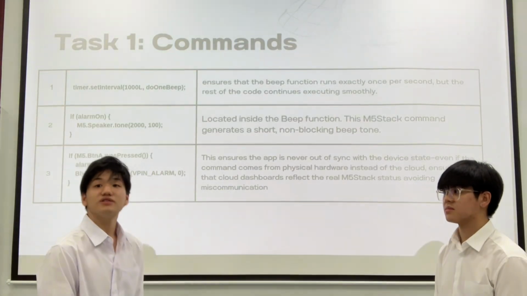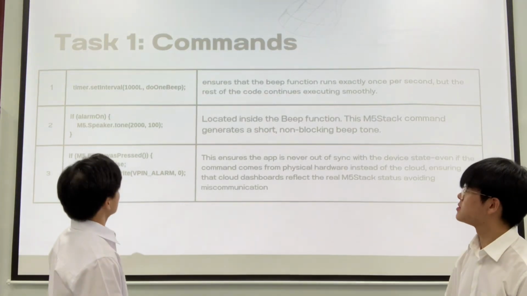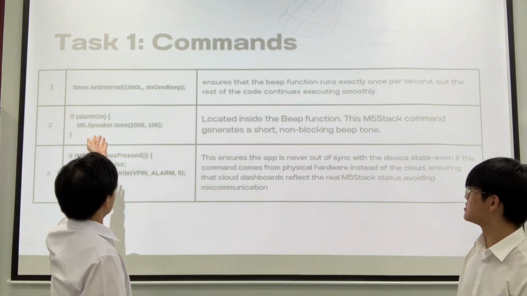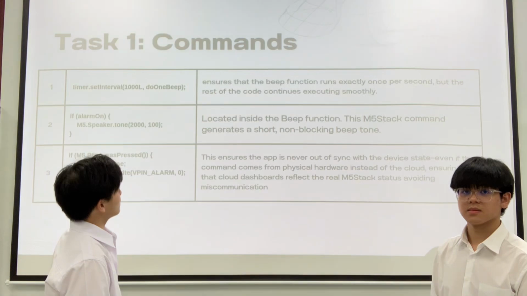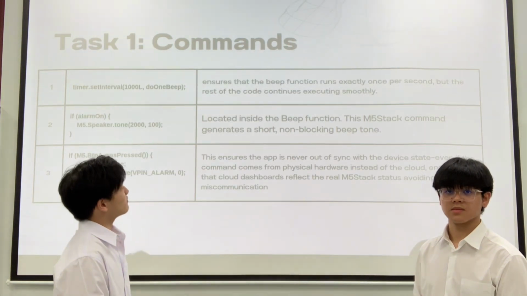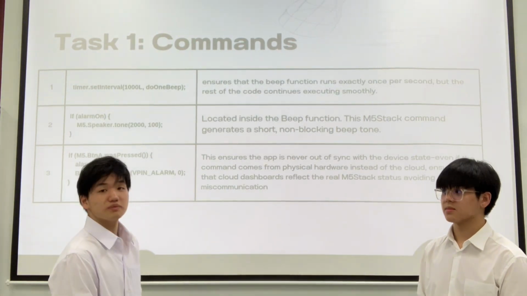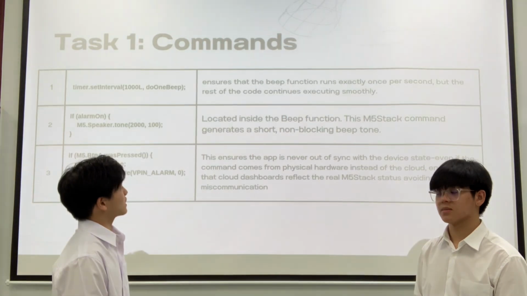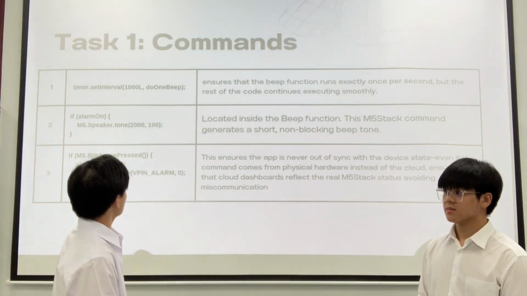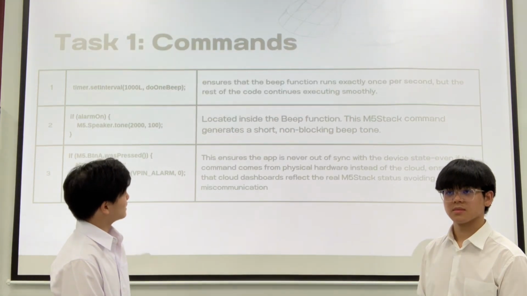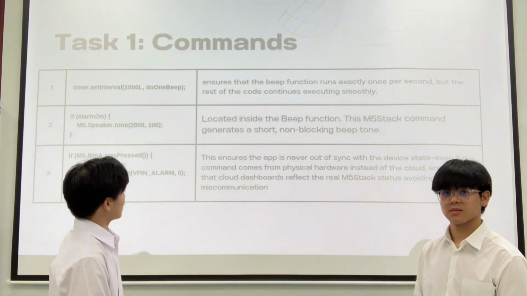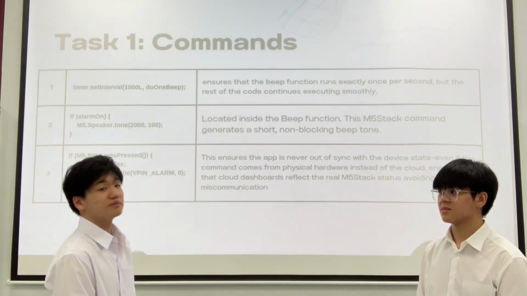For the main commands used in task 1, the first command is the timer command, timer set interval. It ensures that the beep function runs exactly once per second, while the rest of the code continues to execute smoothly. The second command is located inside the beep function. This M5 Stack command generates a short non-blocking beep tone.